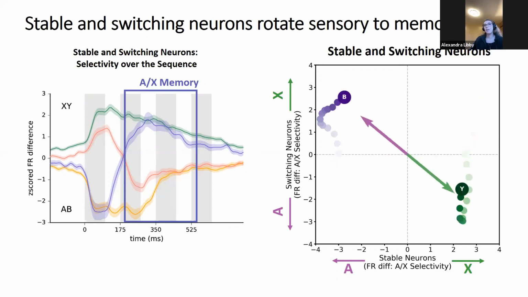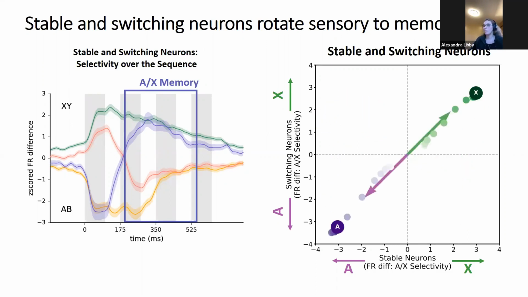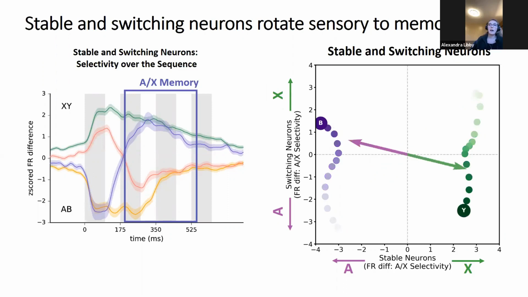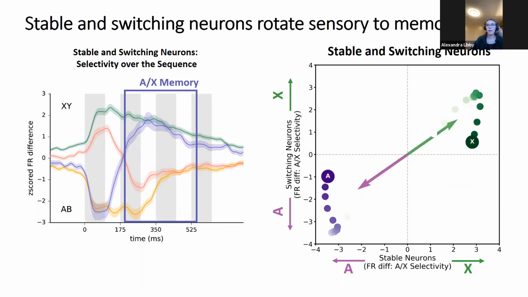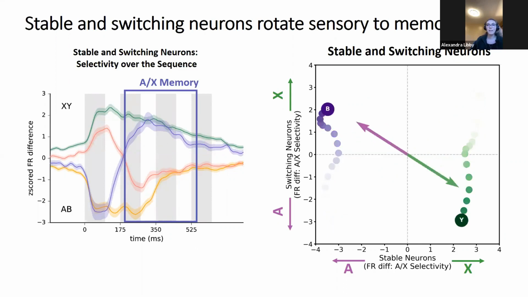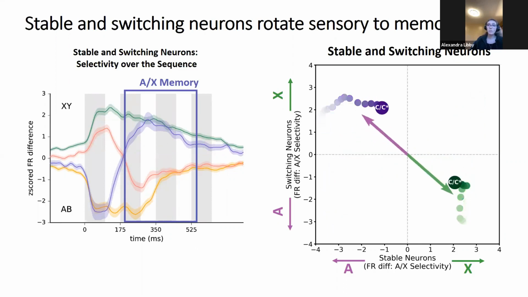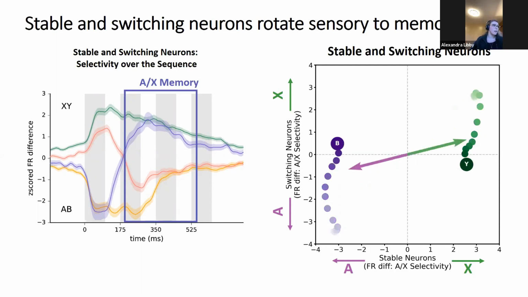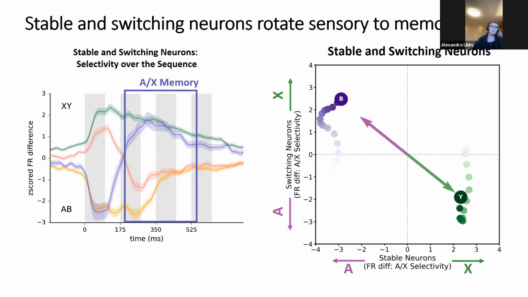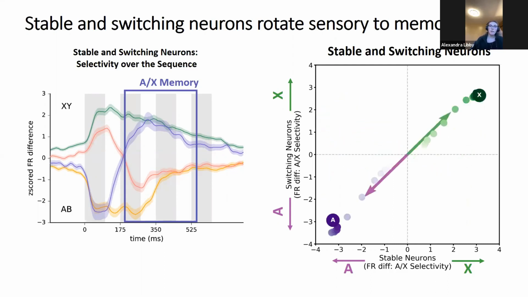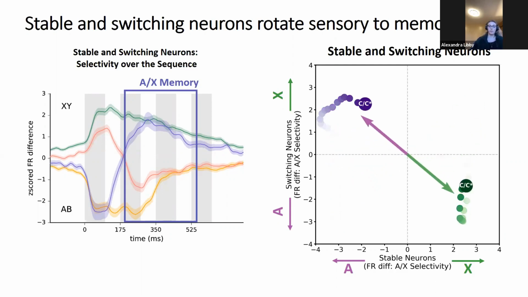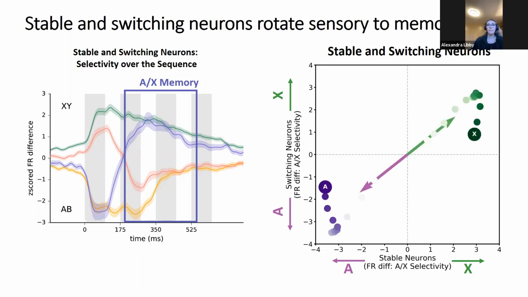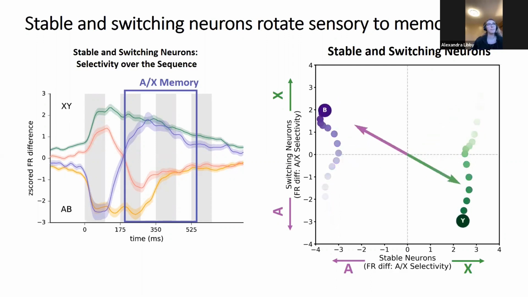And that means that they initially preferred X, and then by the time C or C prime turns on, they now prefer A, and vice versa for neurons that initially preferred A. And what this does is, as you can see, it rotates the axis so that when C or C prime plays, the encoding for memory can avoid any interference from that immediate sensory input of C or C prime.